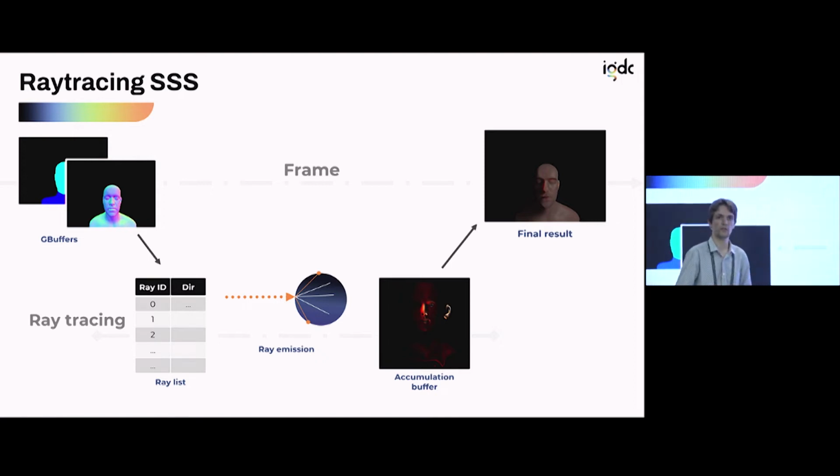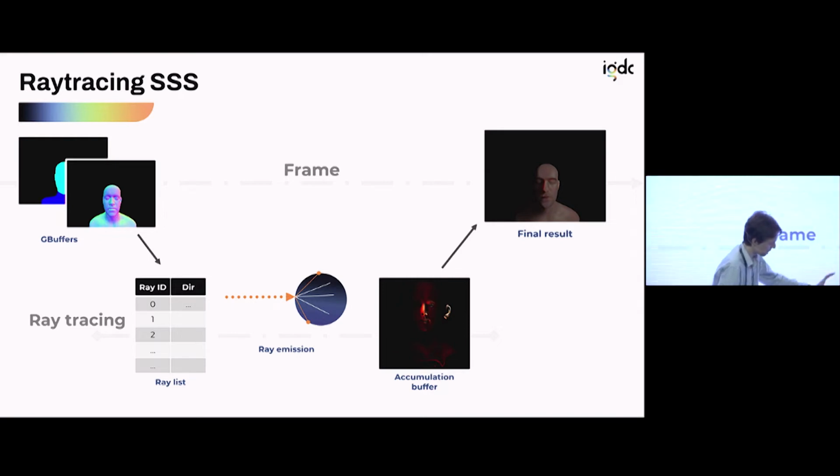So if the mesh is concave or something, it will be perfectly captured. Once we have these intersection points, we accumulate them into a buffer, and now the frame does its things. And finally, when we come to the rasterization of our main object, we can sample from this texture.